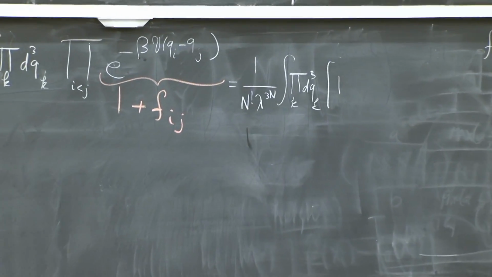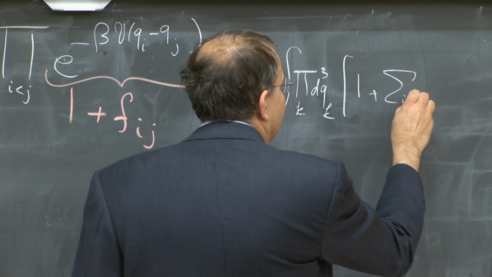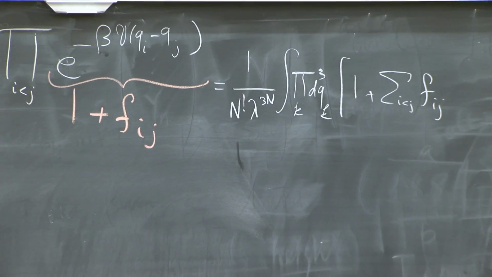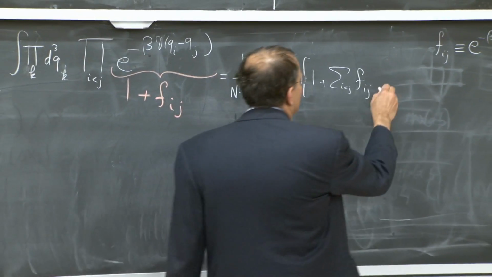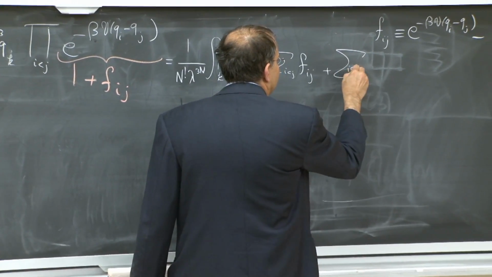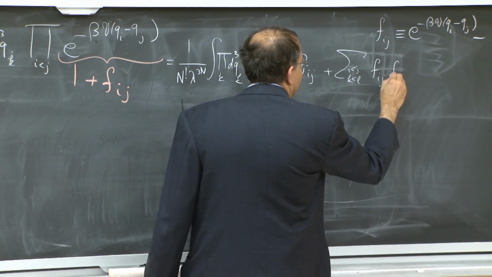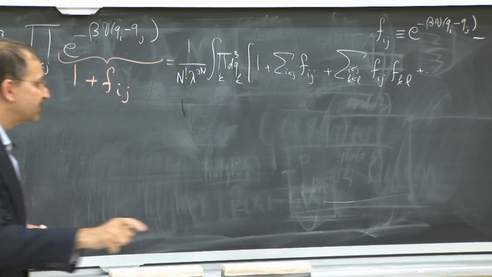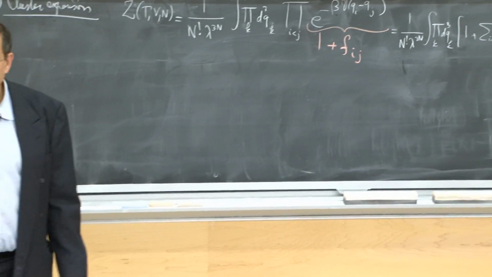The next term is to pick 1 f from one pair, and all the others would be 1. The next term would be sum over ij kl, fij fkl, and then there will be diagrams that would progressively have more and more factors of f. Okay?